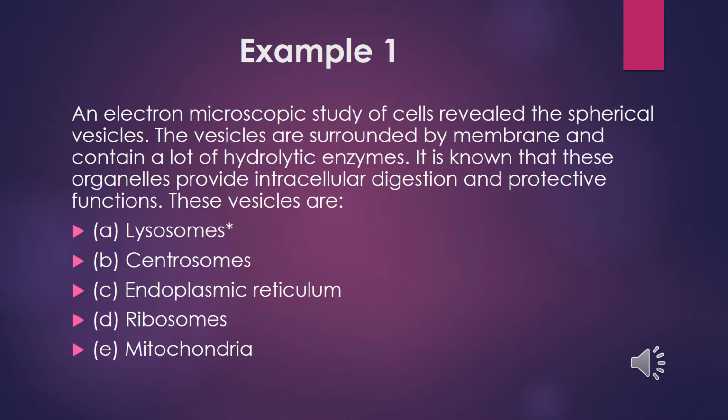It's a single-membrane organelle which includes hydrolytic enzymes released in the digestion process inside the cell. Sometimes the question asks which organelle provides digestion, or which organelle is surrounded by one membrane and includes hydrolytic enzymes. The answer must always be lysosomes. Lysosomes are the one organelle inside the cell which provides the digestion process.